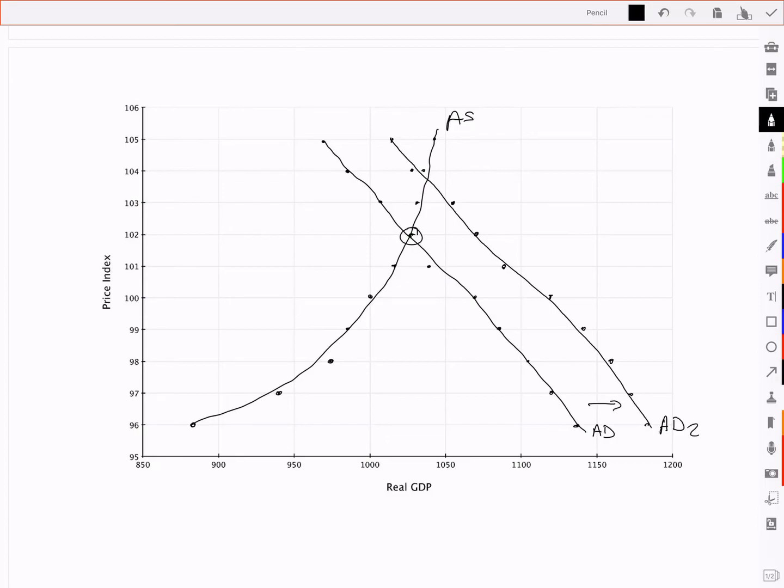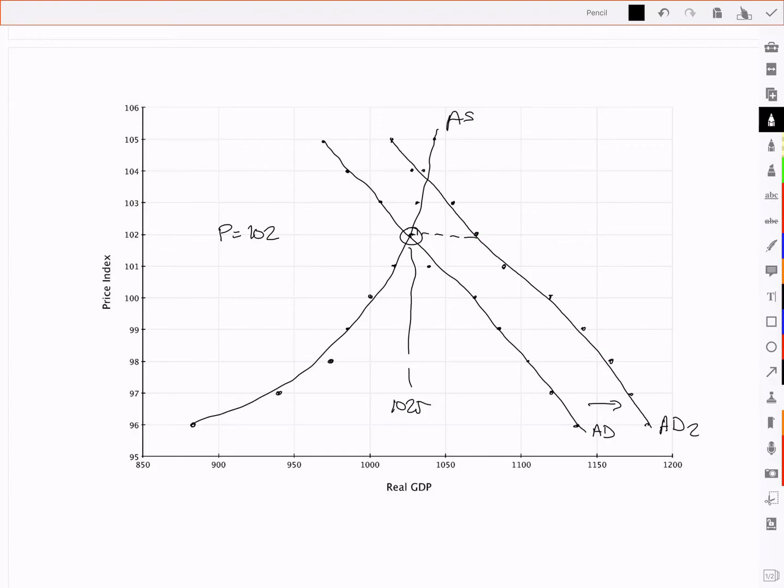So before, our equilibrium had a price level of 102, and we had a real GDP of 1025. So now that all the aggregate demand has shifted to the right, we're no longer at equilibrium when the price level is 102, because households, businesses, government, the rest of the world is now willing to buy more at that price level.